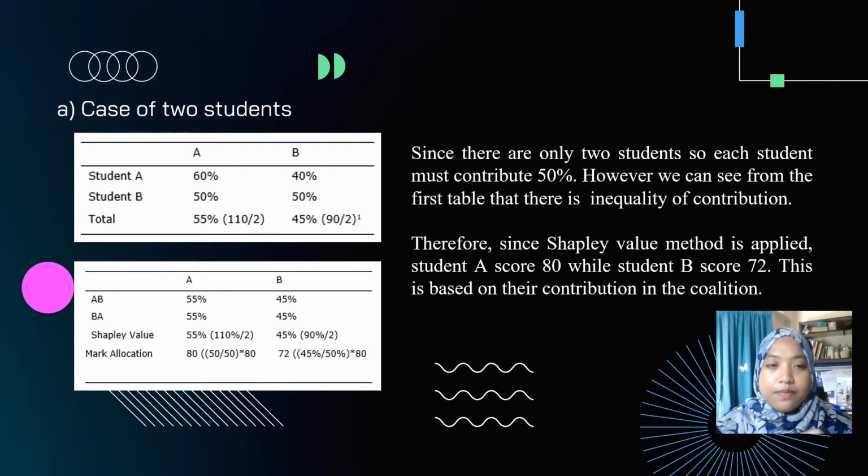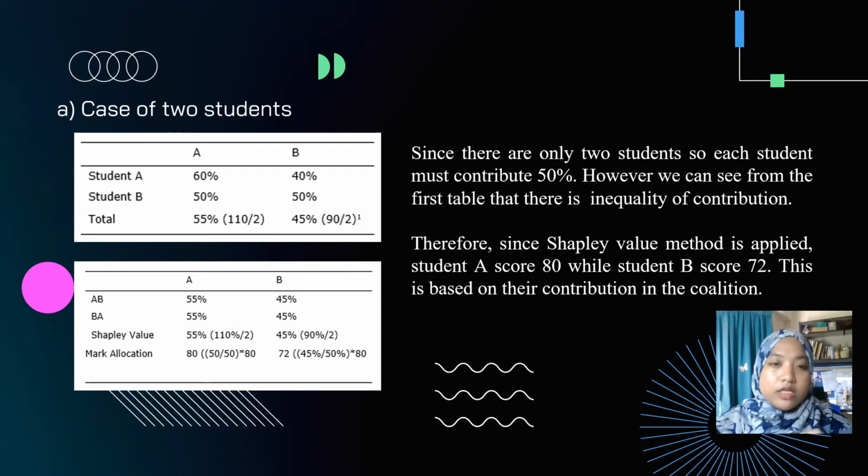Because the Shapley value is 55%, which is equal to or more than the 50% contribution that they should give in this coalition. However, for student B, the Shapley value is less than the contribution that they should give, which is 45% is less than 50%.